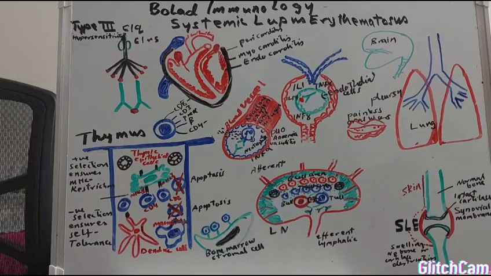B lymphocytes and T lymphocytes originate from bone marrow, and B lymphocytes mature in the bone marrow. During antigen-independent maturation, B cells do not encounter any antigen in the bone marrow.